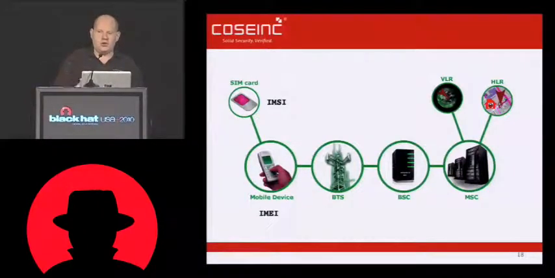Phones are also on a timer, which is called, I think it's the T3212 timer, which every time that times out, it triggers a timeout and they do a new location update request to keep the network informed. And if it's turning on for the first time, it'll do what's called an IMSI attach, which is where it notifies the GSM network that the phone has now been switched on and that particular IMSI is located at this particular BTS.